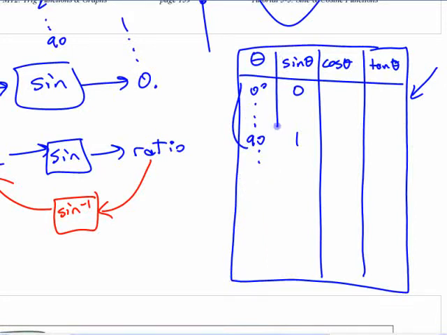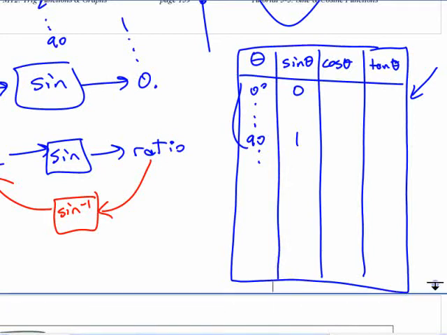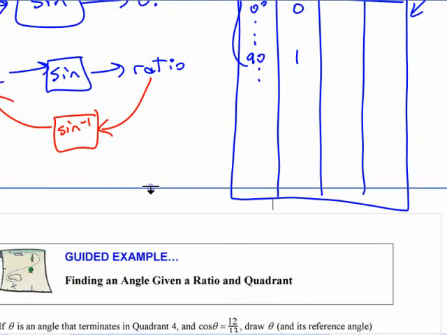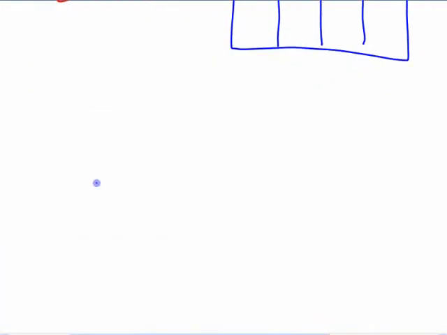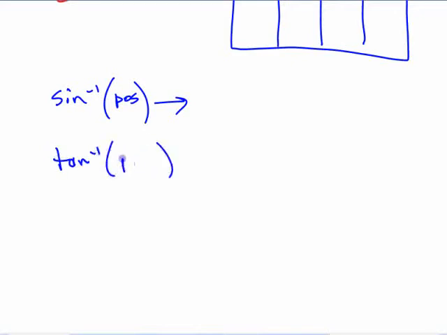Now, the magic that we have to dispel right now is how the inverse trig ratios work. It's important to understand how the inverse trig ratios work. If you do sine inverse of a positive, we have to look at what it gives you. If you do tan inverse of a positive number, we have to see what it gives you.